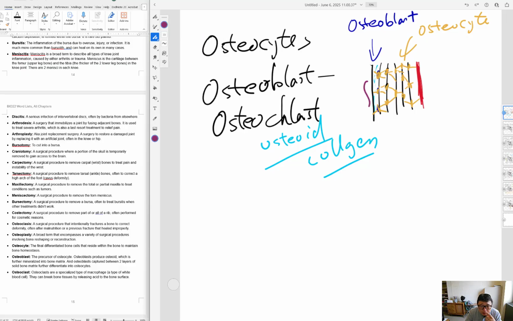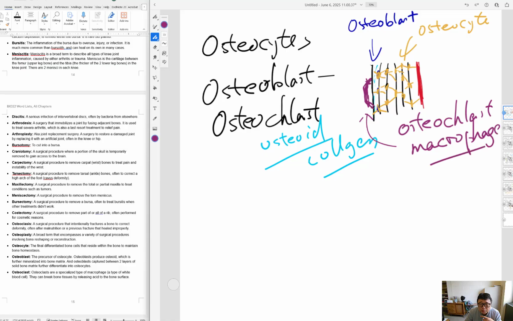The osteoclast is a big cell, and it is not one of the bone cells but rather a blood cell. It is a specialized macrophage. Macrophages are very important.